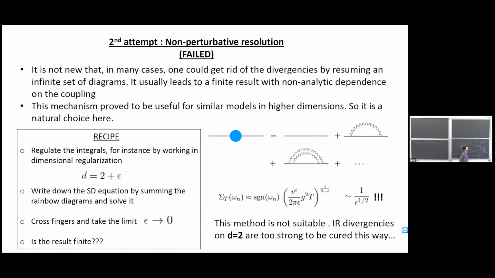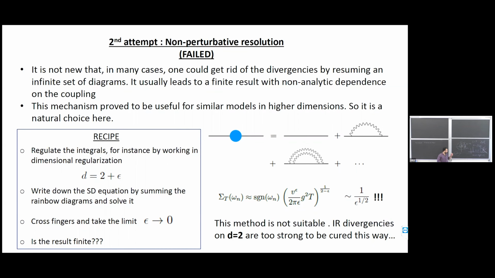So essentially, the recipe is that you define the same integrals in dimensional regularization. You write down the infinite sum of planar diagrams, and you solve the equation self-consistently. And it turns out that this resummation process somehow tames the divergence because it turns the 1/epsilon divergence into a 1/square root of epsilon divergence, but still it is not enough.